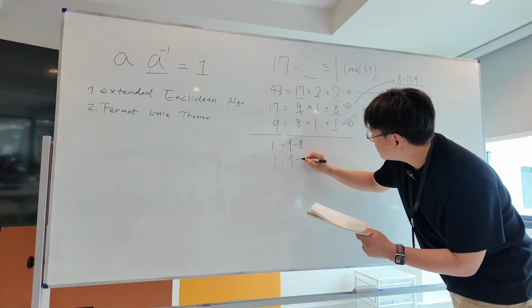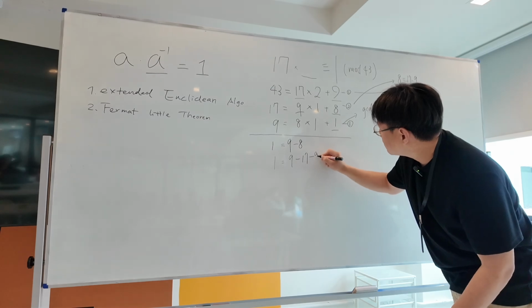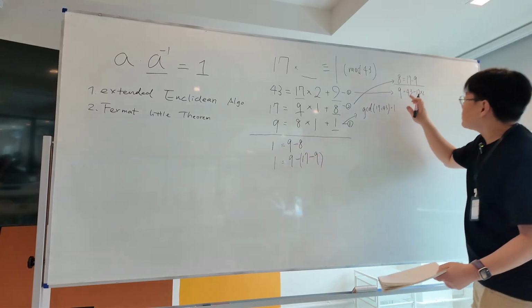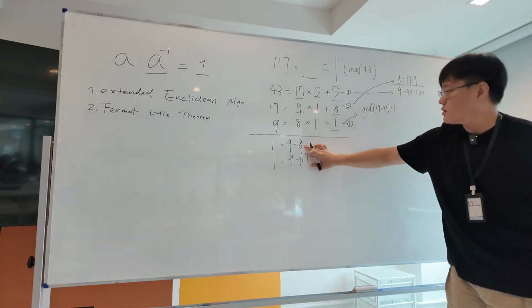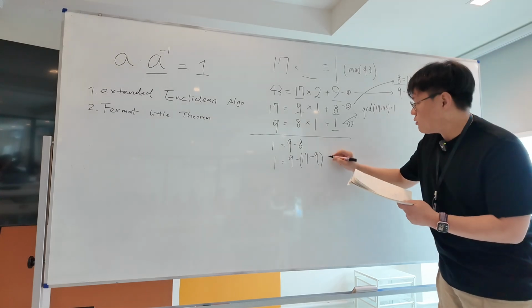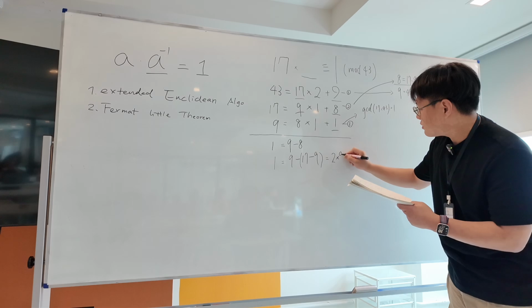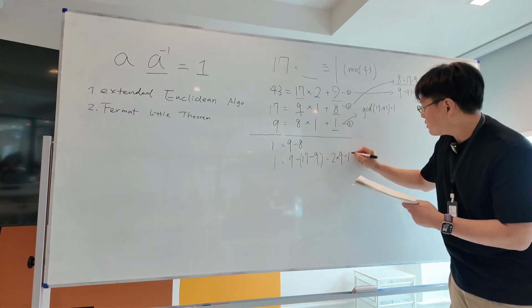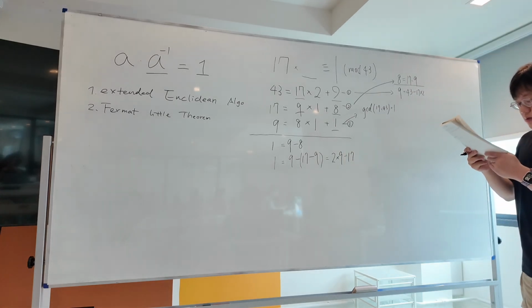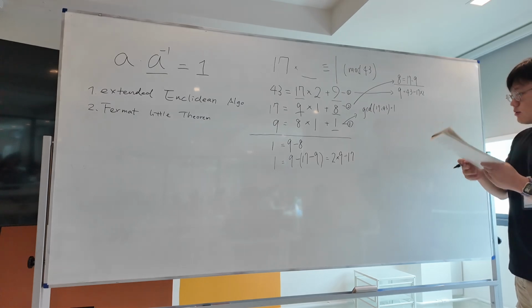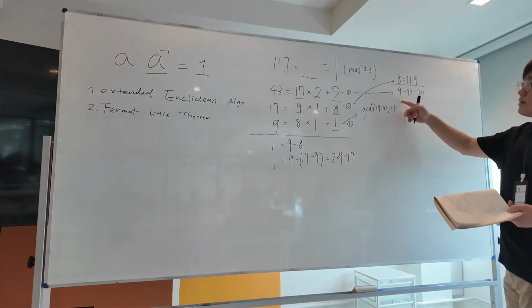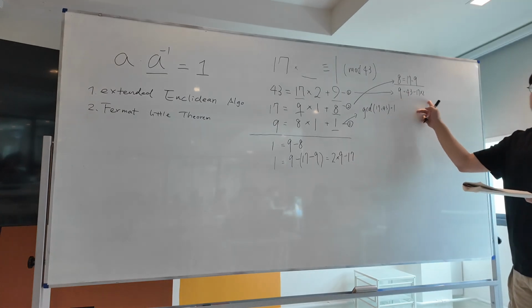So now we get 1 equals to this. We replace 8 with this, and now we can recalculate it like this. And then we also want to replace 9 with this here.